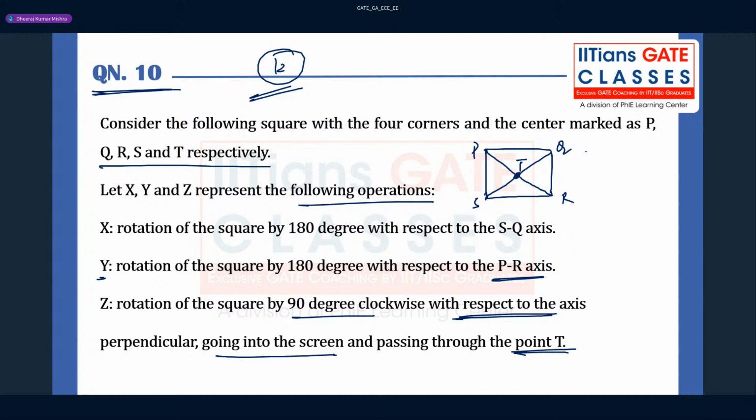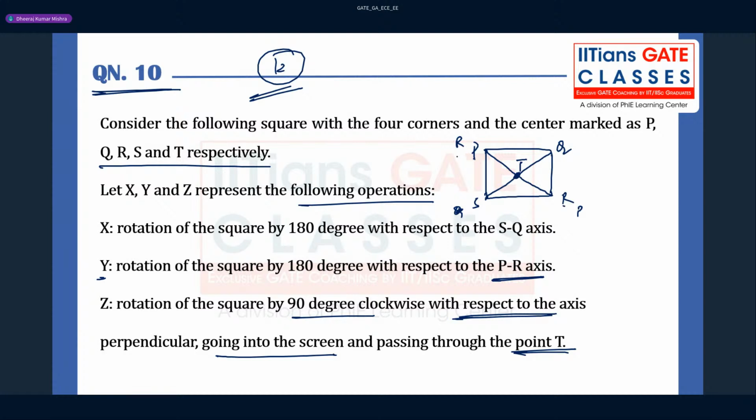So I can just show you. Okay, x. What will be the x here? If you rotate the square by 180 degree with respect to x, then P will be here and R will be here, and they will switch their positions. This R will be here and S will be there, right?